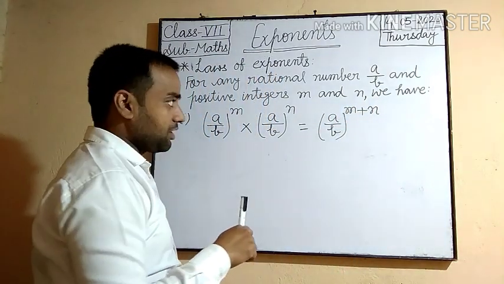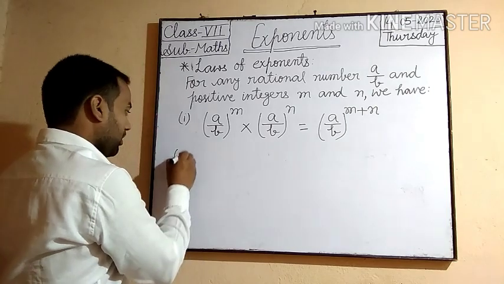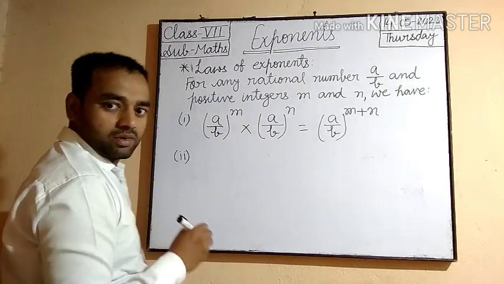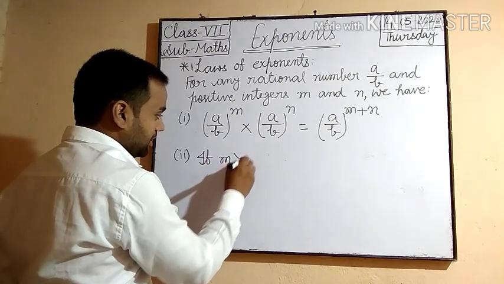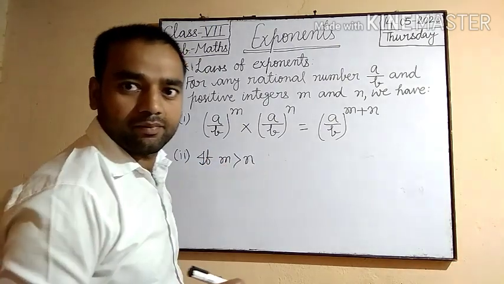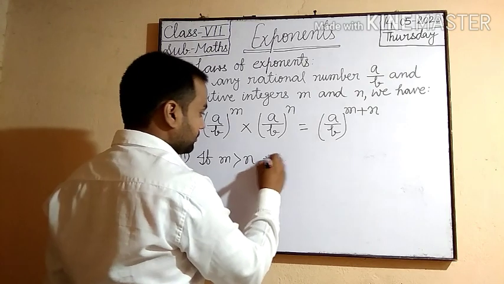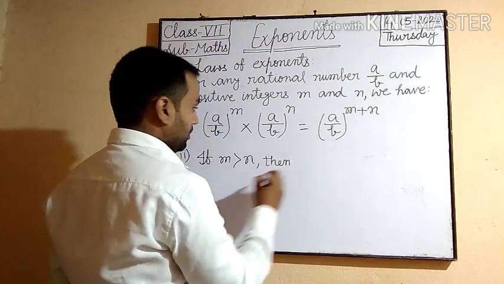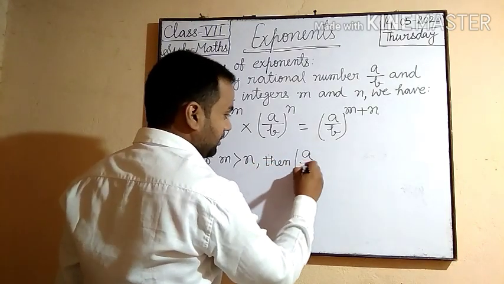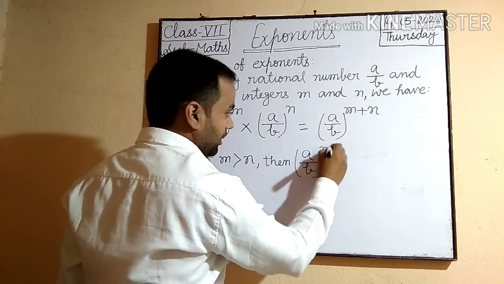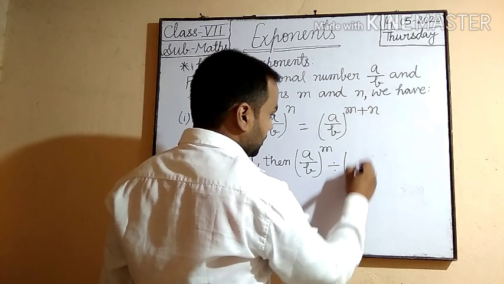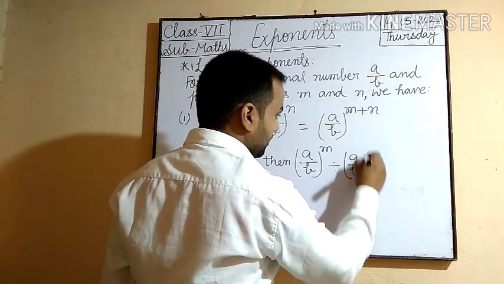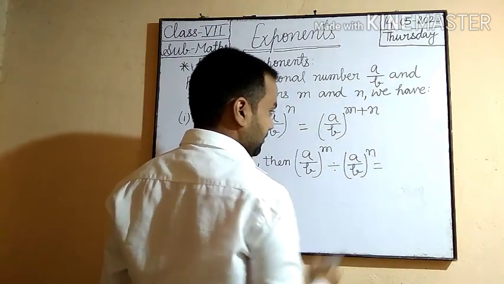All students remember it. Second law: if m is greater than n, then (a/b) power m divided by (a/b) power n.